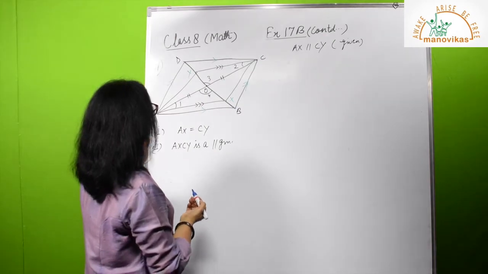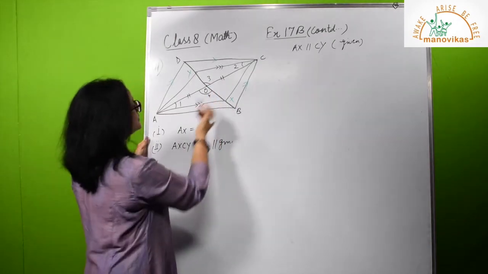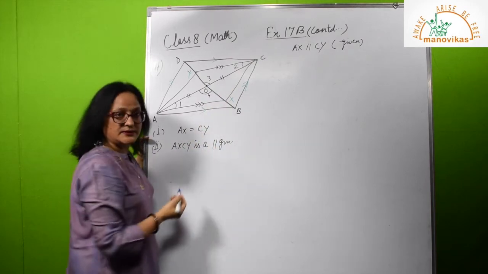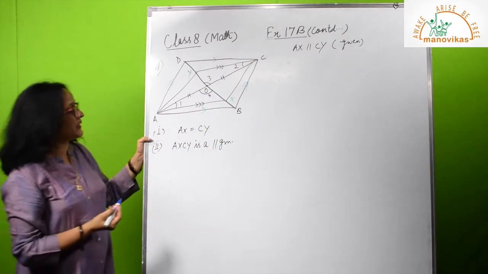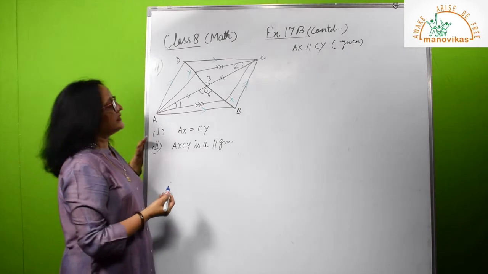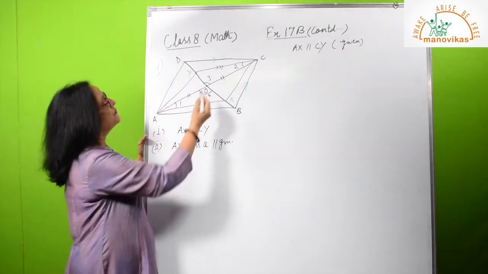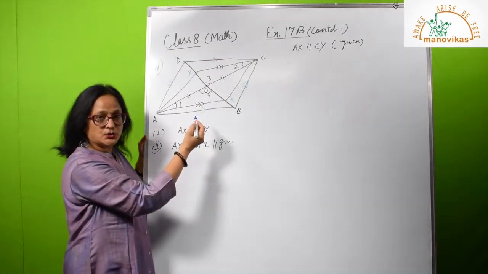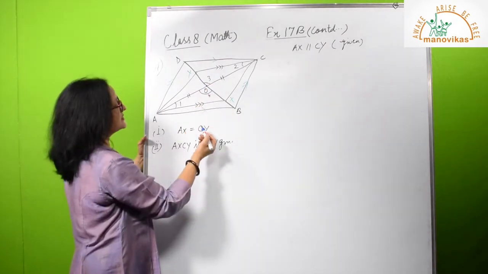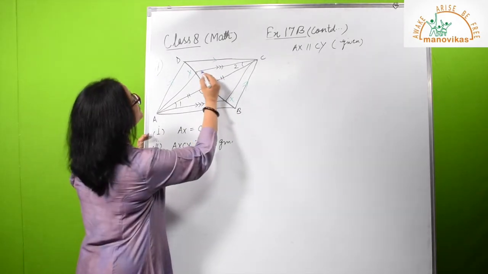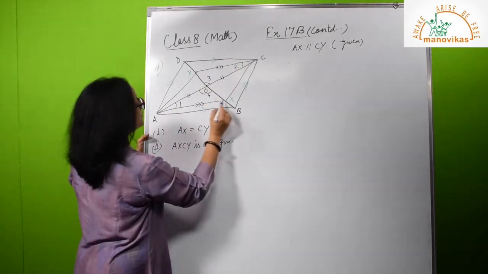Now here you have to prove AX is equal to CY. See, if two sides are given parallel and you have to prove them equal, then there is one method which can be used: prove the triangles congruent where the required sides are apart. Means you have to prove CY is equal to AX.